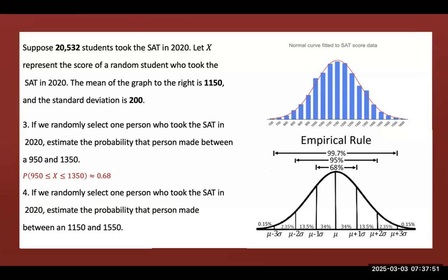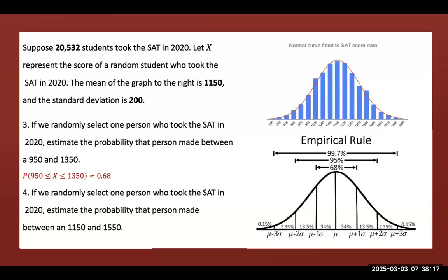Now, if we randomly select one person who took the SAT in 2020, let's estimate the probability they made between a 1150 and a 1550. 1150 is the mean, okay? 50% made above 1150. That's 1150 to 1600, but we don't want 1150 to 1600. We want 1150 to 1550.